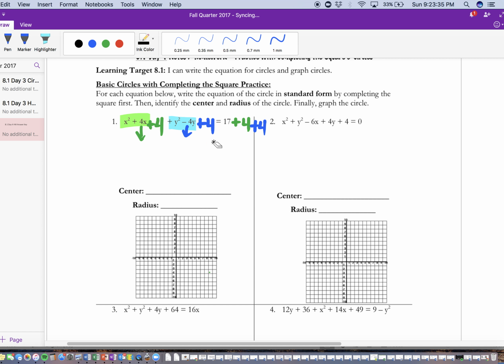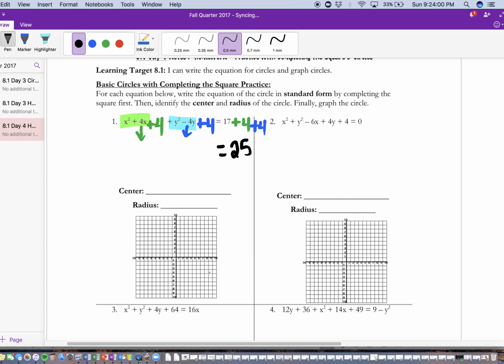So simplifying, I have x squared plus 4x plus 4 plus y squared minus 4y plus 4 equals 17 plus 4 plus 4. Well, 17 plus 4 plus 4, that's just equal to 25. So equals 25. All right?